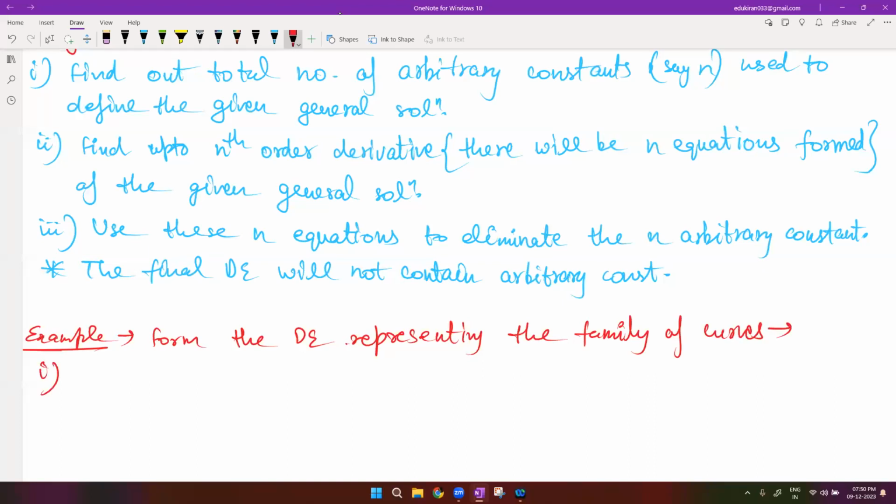The first part is y is equal to a times sine of x plus b, right? Where a, b are arbitrary constants.